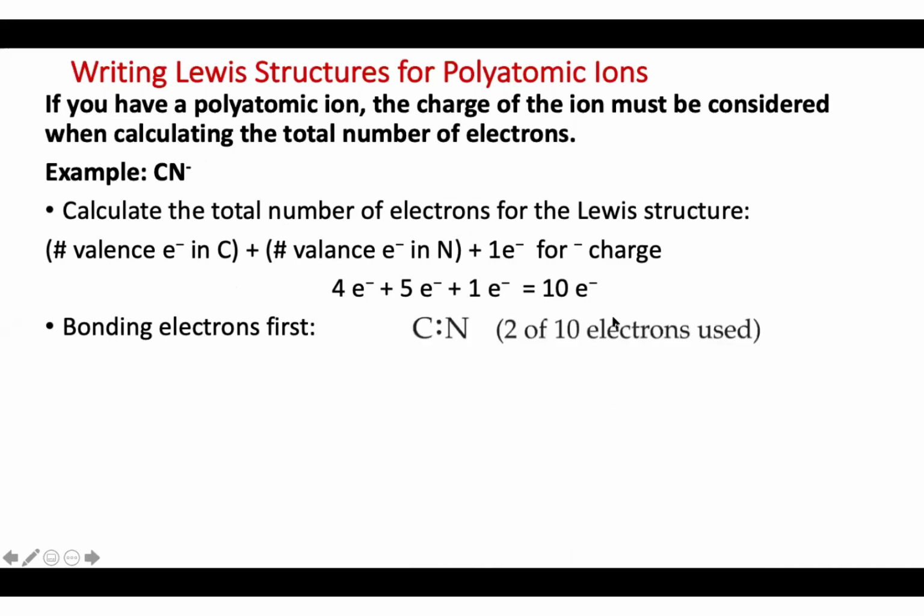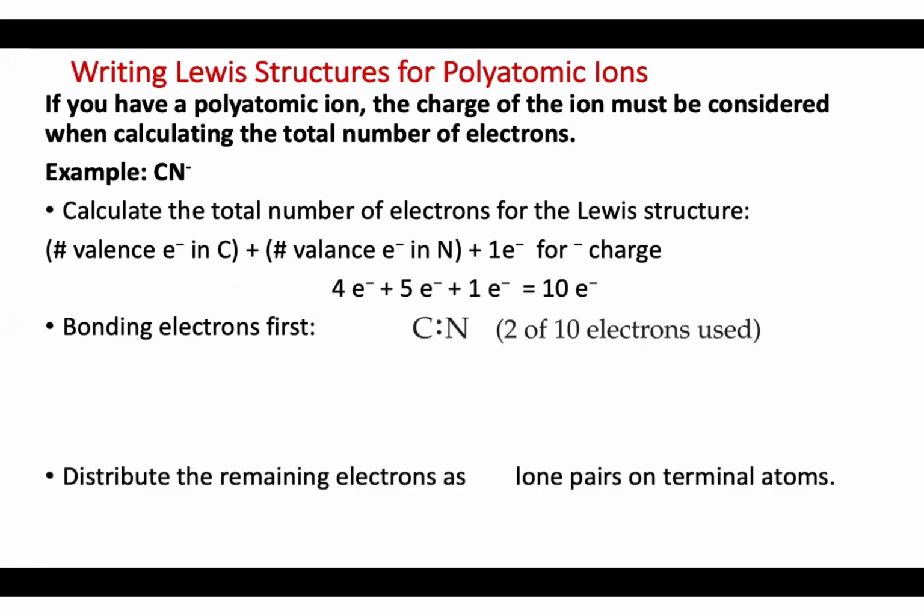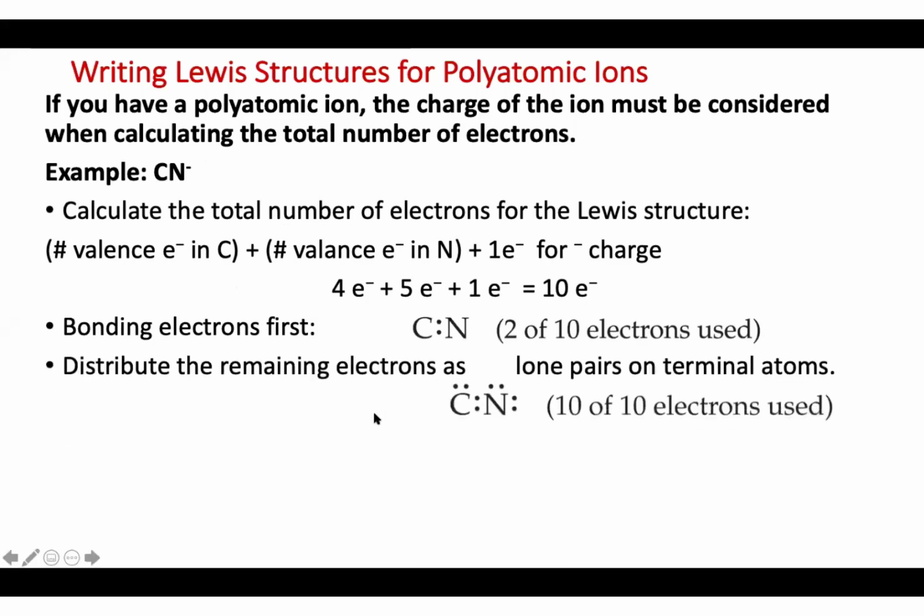We first put in the bonding electrons, then the rest goes to the nitrogen first because it is more electronegative, then the rest goes to the carbon. Let's see how many valence electrons I have. 2, 4, 6, 8, 10. So I have 10. I used all of it.